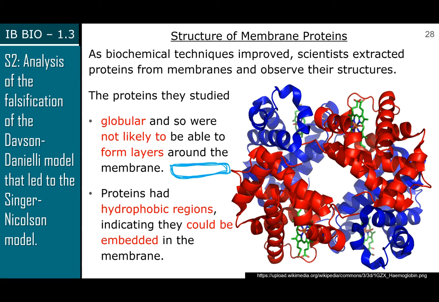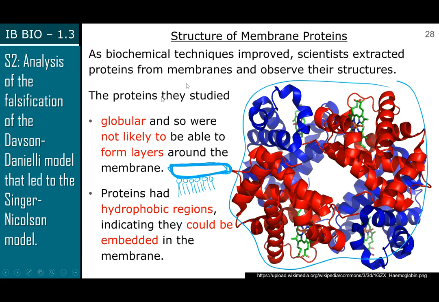Remember, in biology, your shape, your form, is your function, right? So we can tell a lot of information from shape. If they sat on top of the membrane, you would expect them to be long and flat. But they're not. They had this big round shape, which indicates that they are more likely to be embedded in the membrane instead of sitting on top.